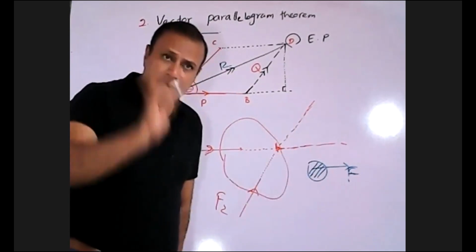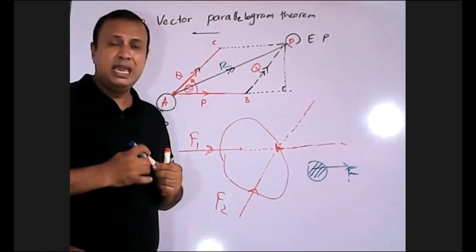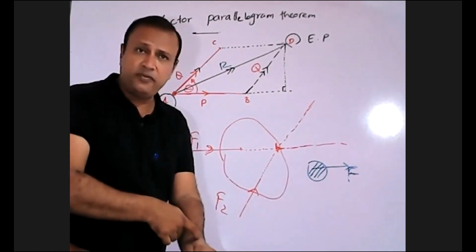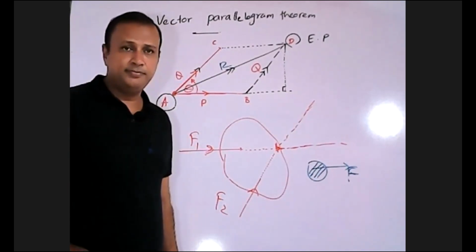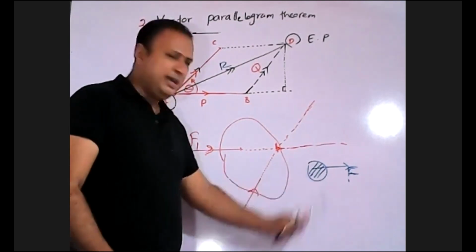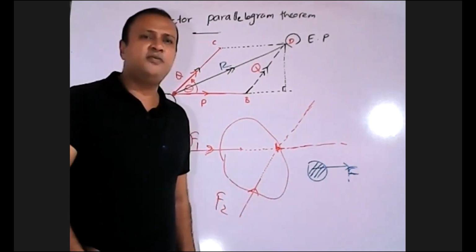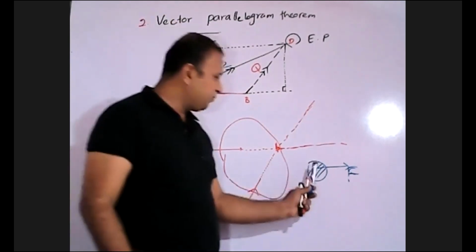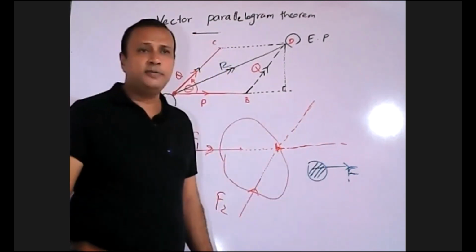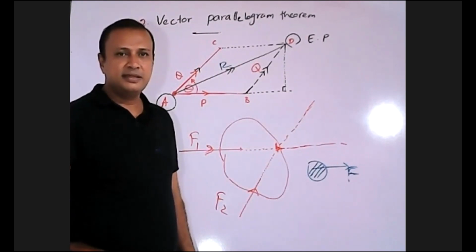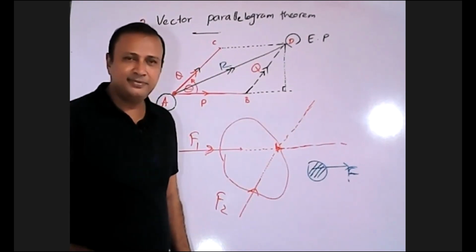Therefore it has a point of action. If any vector has a point of action, you cannot change its position. Point of action means it is a rigid force, because this force acts at that exact point. Did you understand?